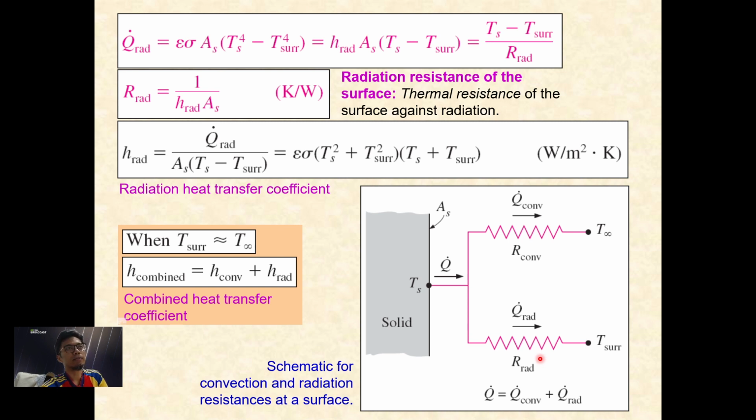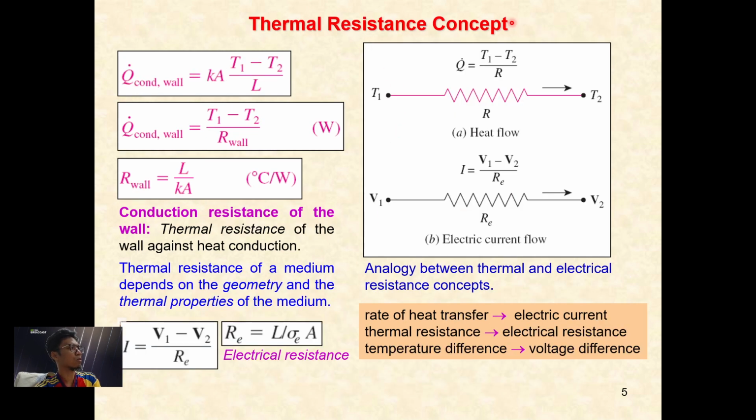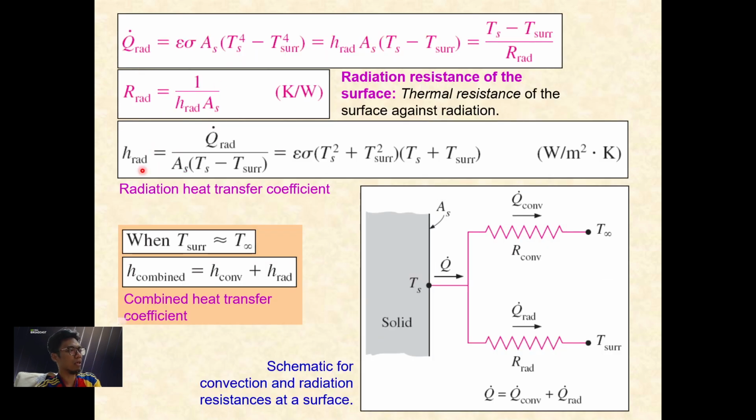So why do engineers love to simplify all these concepts of conduction, convection, and radiation into the thermal resistance concept? Because it is easier to analyze in resistance. You can imagine, for example, we have a telephone here.